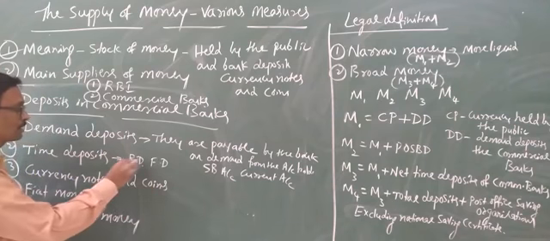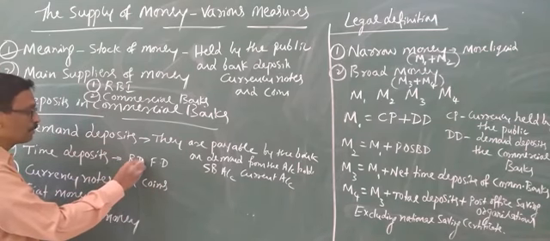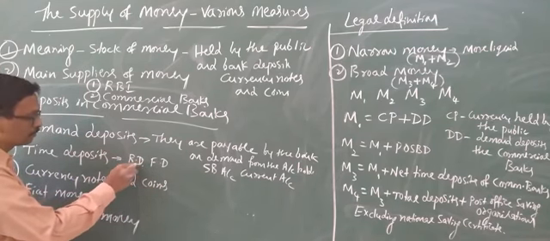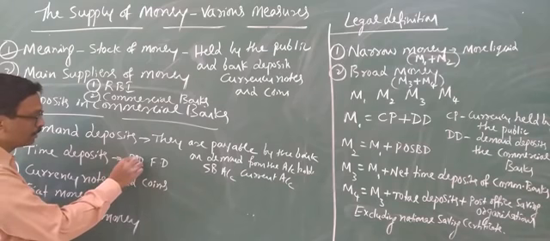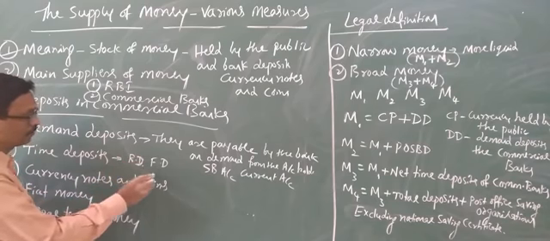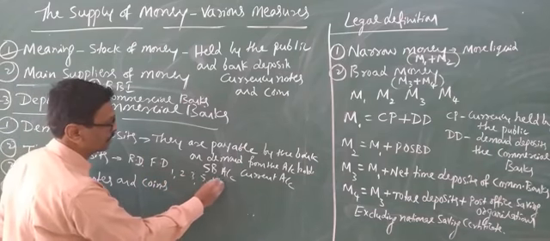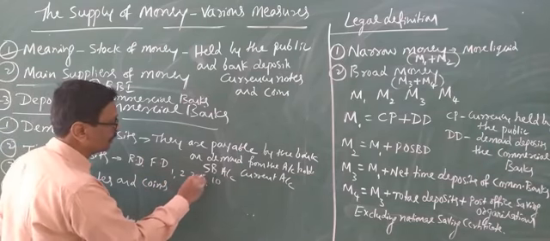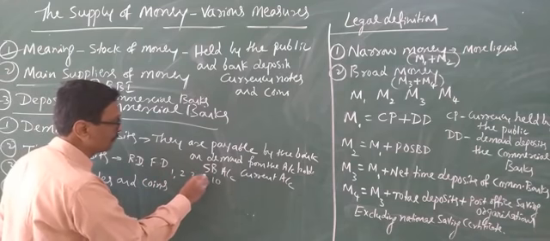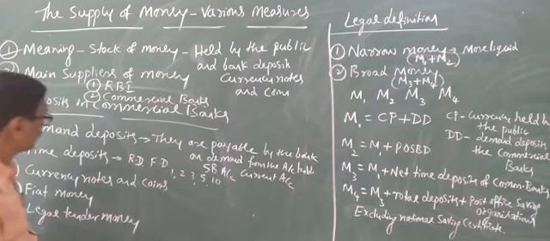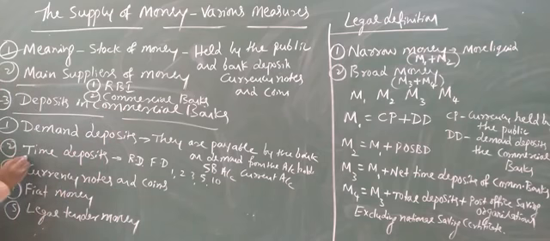These deposits mature on a particular date, for example, 1 year, 2 years, 3 years, 5 years, or 10 years, on the basis of the convenience of the customer with the banker. The process of deposits is very essential for commercial banks to provide loans and advances to the public.